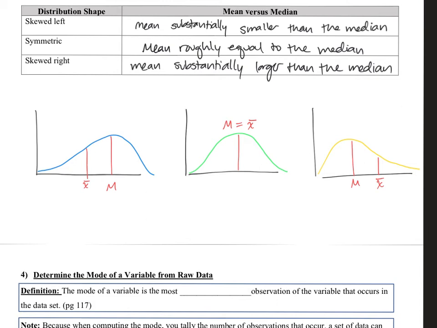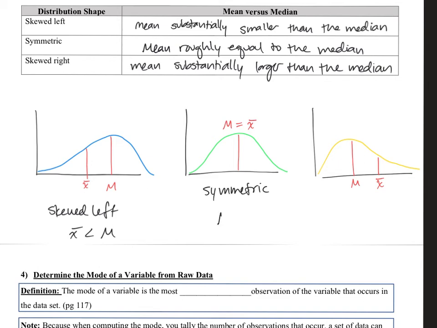Well, the one right here, this is skewed left because we have items on the left pulling our mean out in this direction. So this one is skewed left, where the mean is left. The mean is less than the median. The middle one here, that is symmetric.